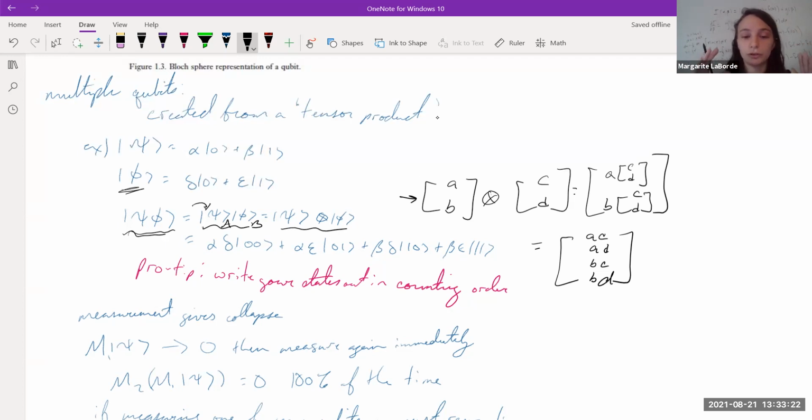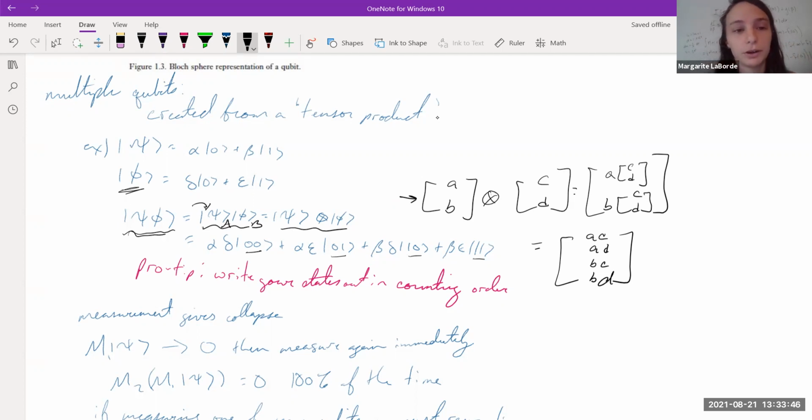But whenever you go to these higher kets, now you have more basis states. So instead of just having 1 and 0, you have your 0 0, your 0 1, your 1 0, and your 1 1. And pro tip, whenever you're writing out the actions of your circuits, it can really help to always write them in counting order in binary: 0 0, 0 1, 1 0.